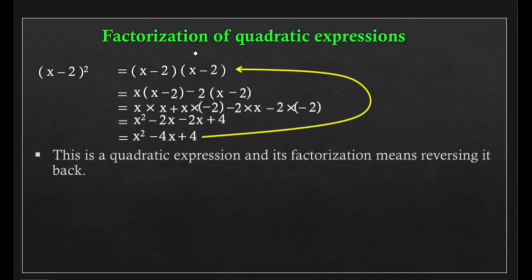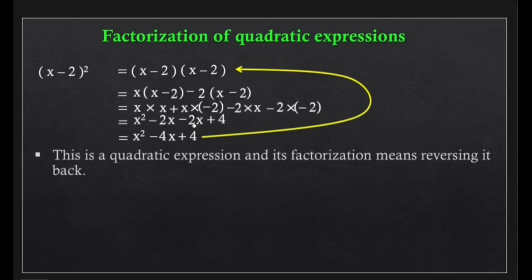It is possible to obtain x squared only by multiplying the x in the first expression with the x in the second expression. That's what made it possible to get this x squared.